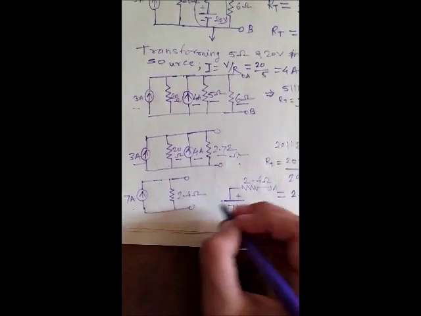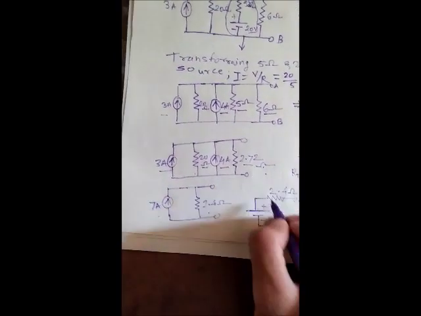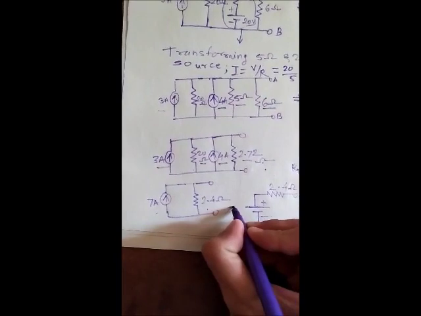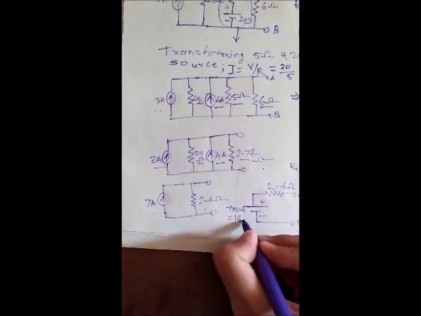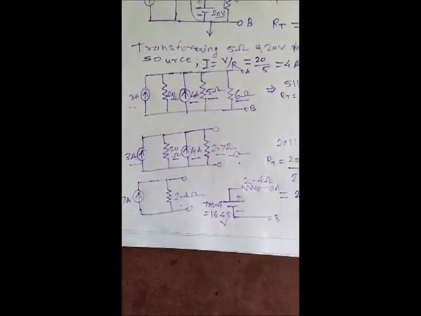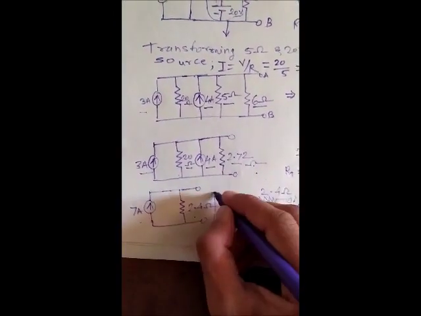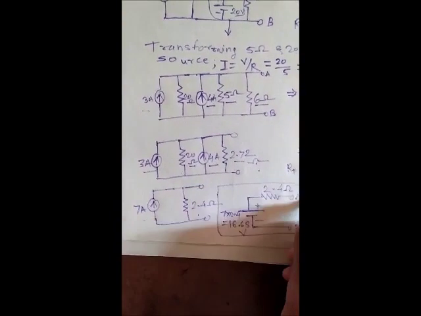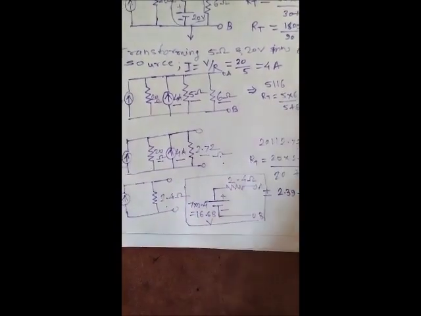Multiplying 7 ampere current with 2.4, we will get 16.68 volt. This will be your voltage source, and hence this is your final answer.